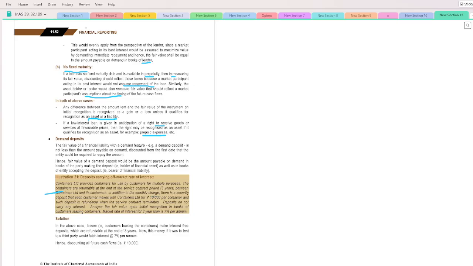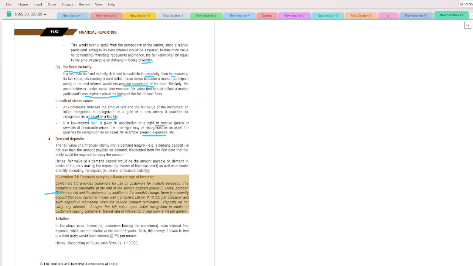In addition to the monthly charge, there is a security deposit that each customer makes with Container Limited of rupees 10,000 per container, refundable when the service contract terminates. The deposits do not carry any interest, so this is an interest-free loan. Analyze the fair value upon recognition in the books of the customer leasing.